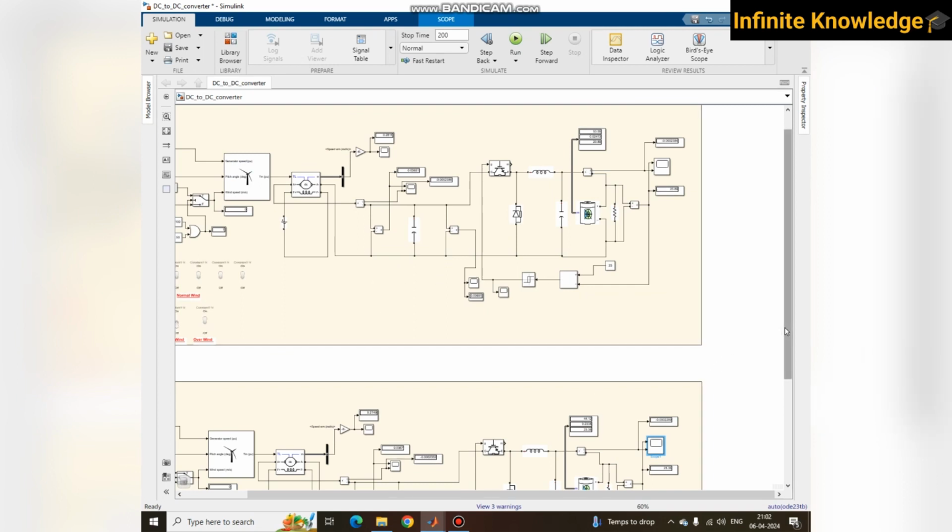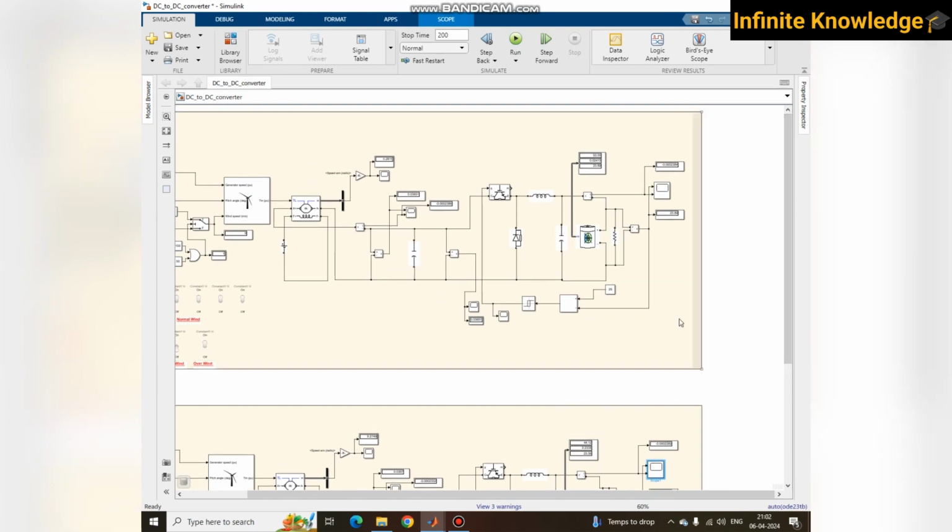And actually this is very useful, this is a buck converter, but you can make it for a boost converter also. And I am also trying to make a buck boost converter, yet I don't get a satisfactory output. But once I get it, I will put up a video. And if you want this model, specifically this model, that is available in the description box.